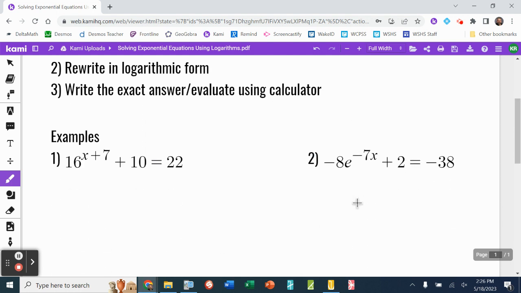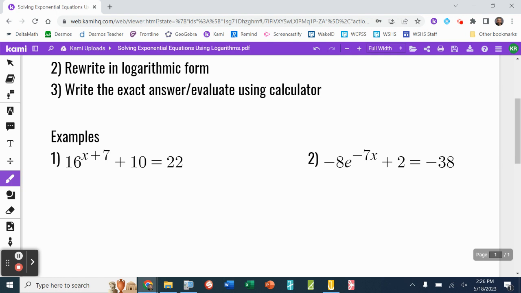So let's take a look at a couple examples of equations that we could solve using logarithms. These are exponential equations because the variable is in the exponent. As I said, the first step is to isolate the exponential term. Here in number one, the exponential term is 16 raised to the x plus 7 power.